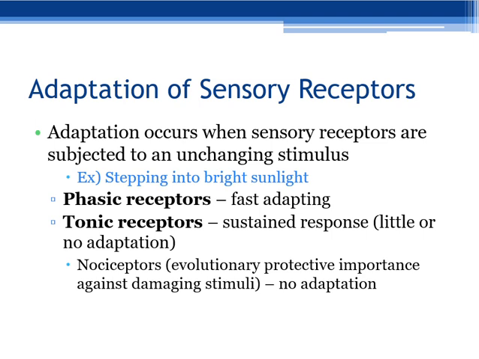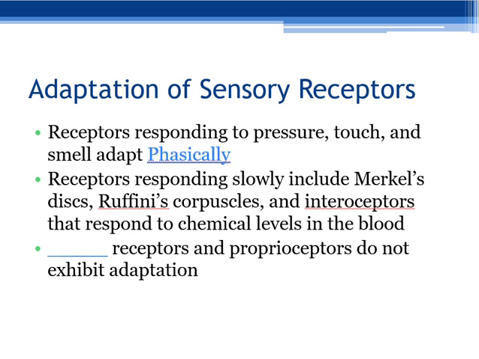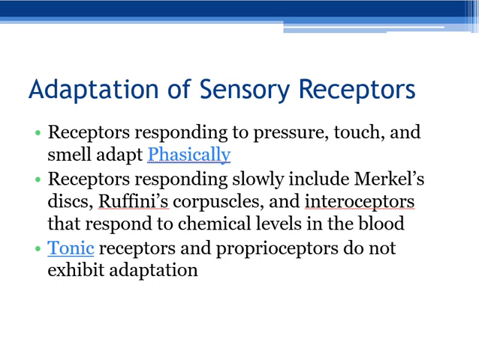An adaptation occurs when a sensory receptor is subjected to a changing stimulus, like stepping into bright light. So for example, receptors responding to pressure, touch, and smell are going to adapt phasically. And then receptors like proprioceptors and nociceptors are tonic because they do not exhibit adaptation.